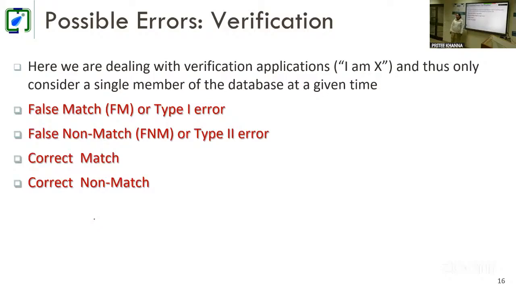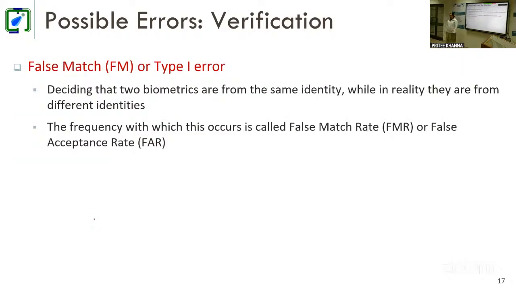So here you can see what we mean by a type 1 error, or false match, or sometimes we call it false accept. So FMR, false match rate, or FAR, false accept rate, they are being used, so don't get confused. You can understand it like this: there is a match, but that match is false.